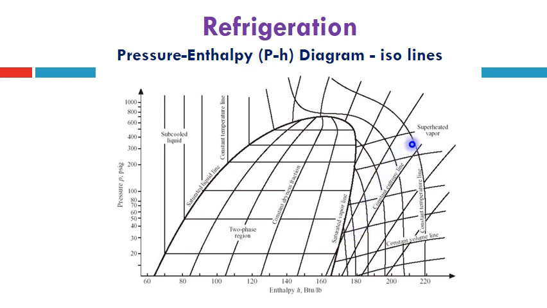Then the compression happens until it reaches the horizontal line of the condenser pressure, intersecting the compression line, which may be parallel to the constant entropy line or may deviate from it if the isentropic efficiency is less than 100%.